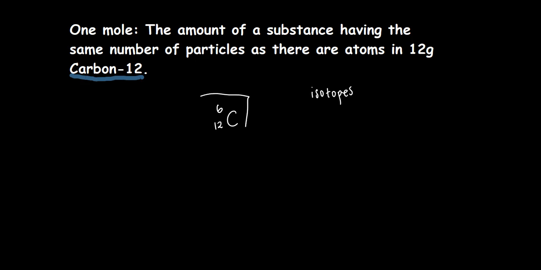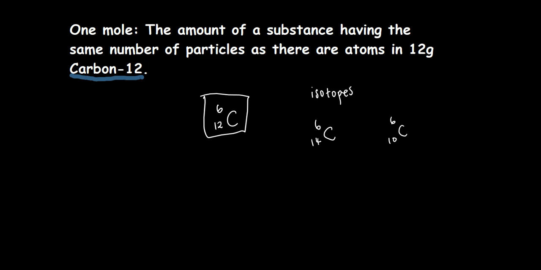So carbon does exist in other forms. You find that you have C6, maybe with a mass number of 14, or maybe you have 10. You understand? So the mass is different, but the atomic number is still the same. Remember, what determines what type of atom we're talking about is the number of protons.